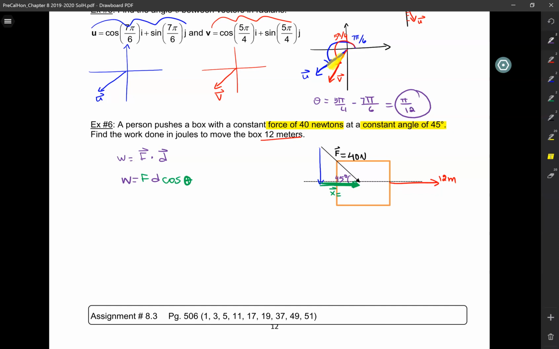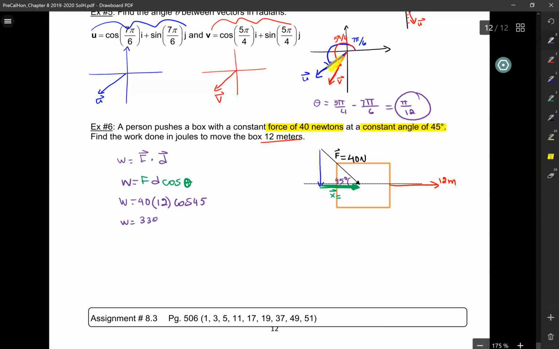Now work is the force times 12 times cosine of 45. And who's going to plug that in for me? 339.4, and the unit here is joules.